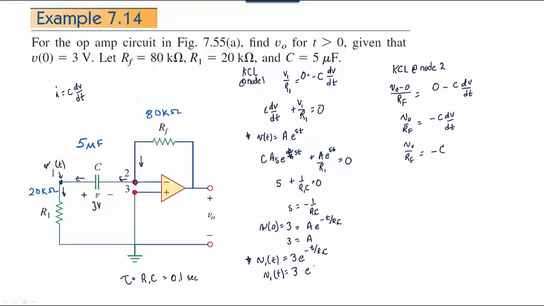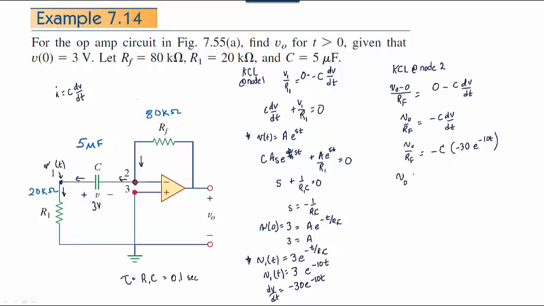So this is 0.1, so it's e to the minus 10t right here. And so dV/dt will equal minus 30 e to the minus 10t. And we have that value right there.